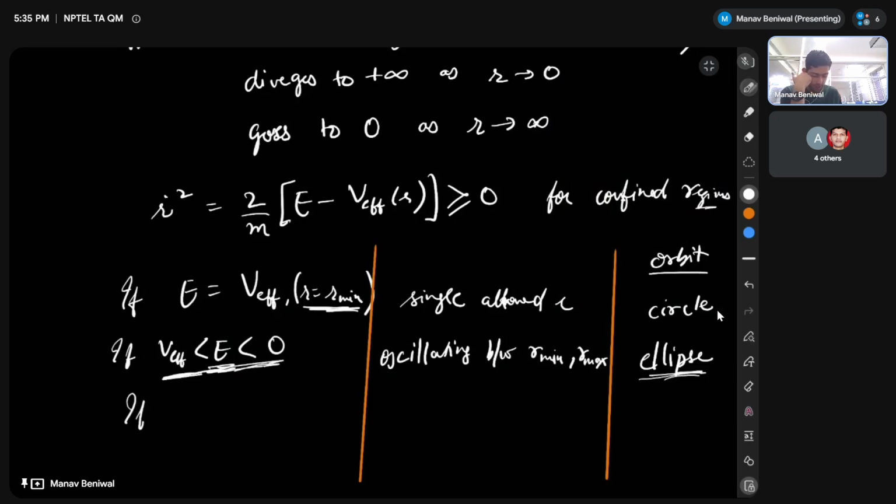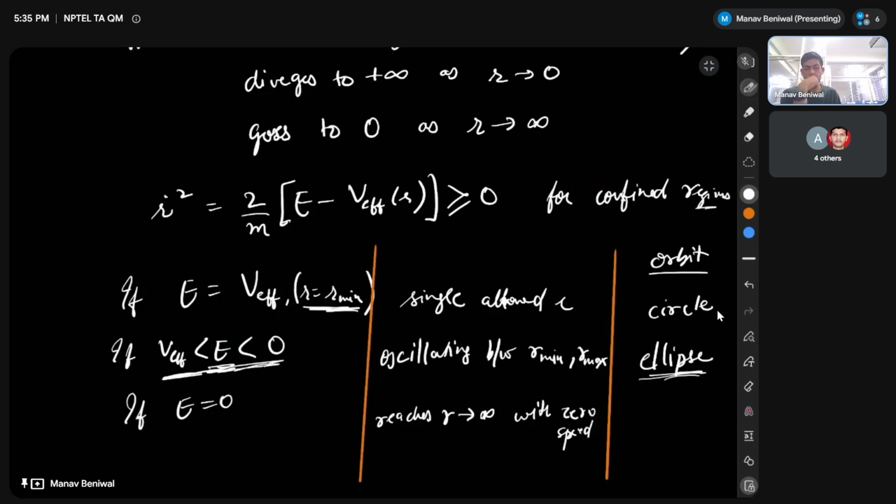And we can also have E equals 0, right? This means that our particle reaches r tends to infinity with exactly 0 speed.